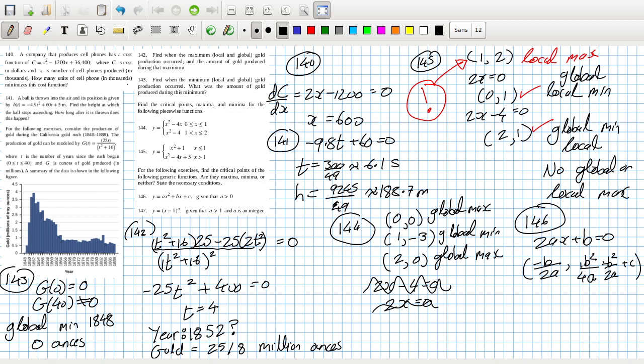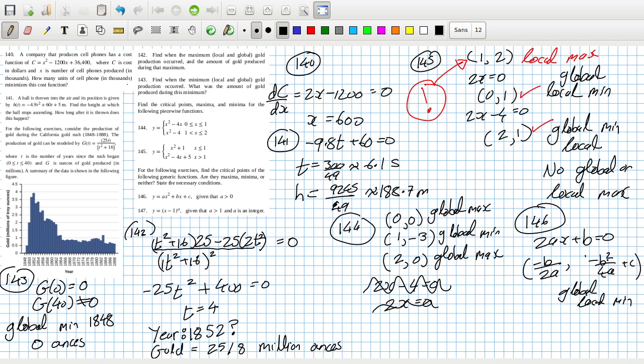So I think it would just be minus b squared over 4a plus c. And it would be a global min. A global and local min.